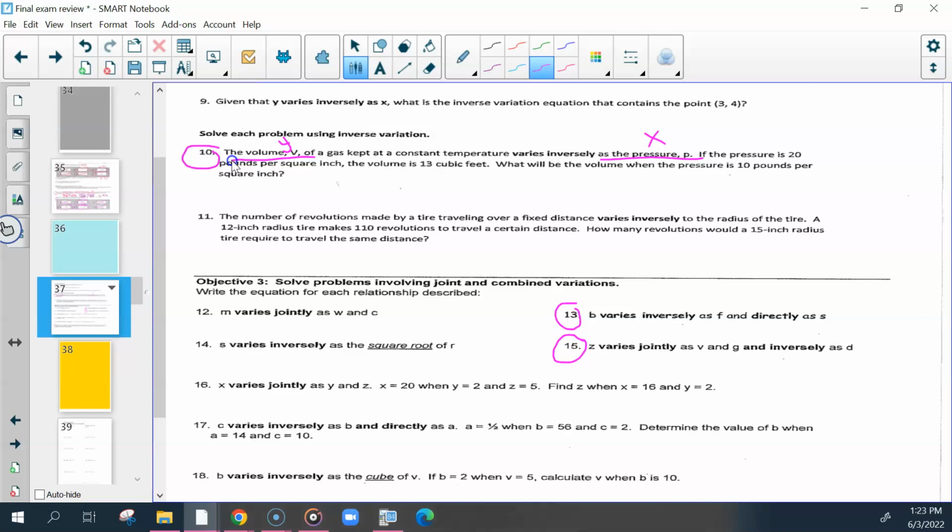If we weren't given equations, we would multiply y and x together. But in this case, we're going to multiply V and P together. So if the pressure is 20 pounds per square inch and the volume is 13, we're going to multiply those two together and set that equal to, we're looking for the volume V when the pressure is 10.